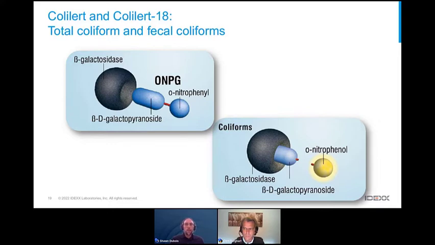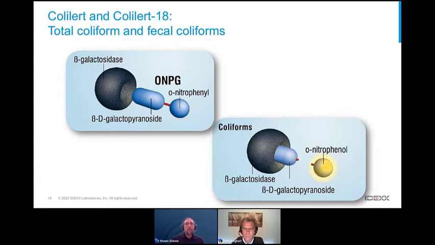Total coliforms have an enzyme present, beta-galactosidase, that is able to utilize that ONPG. When that happens, it will break that bond, and the indicator is released and is now floating free.